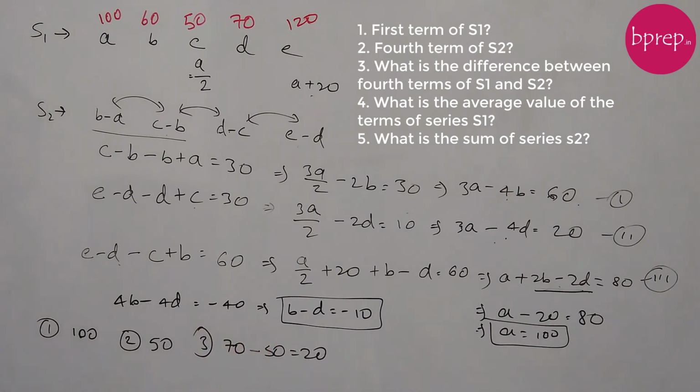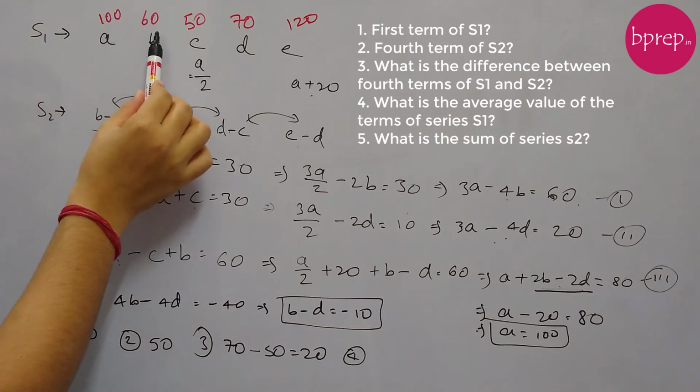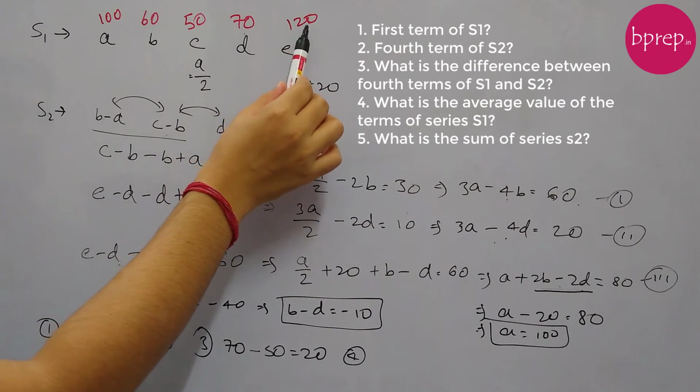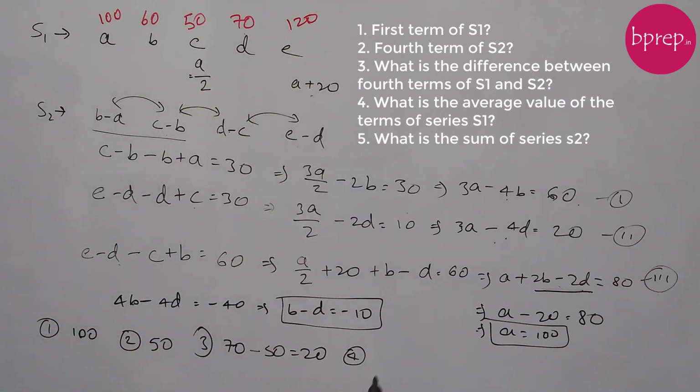Next question: what is the average value of the terms of series S1? If we add, 100 plus 60 is 160, plus 50 is 210, 280, 400. 400 by 5, so the average would be 80.